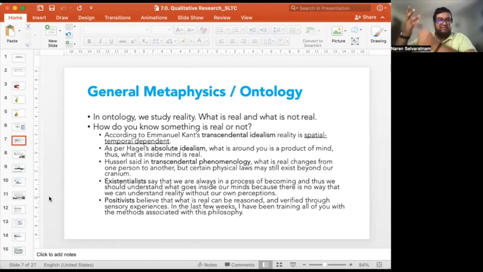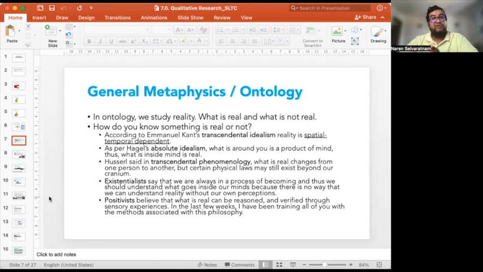Those kinds of objective truths exist in the real world, although my experience is different from yours. We have different experiences, but real objective laws still do exist outside our cranium. So that's a different way of understanding what is true and what is not true.